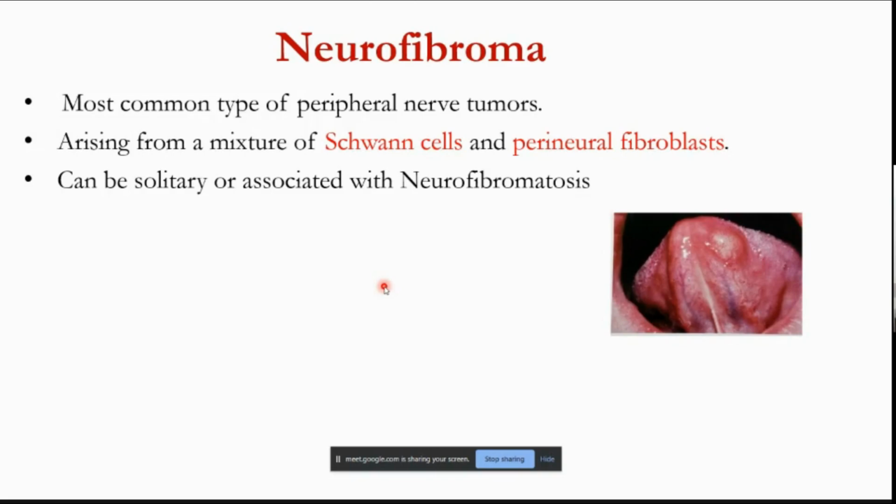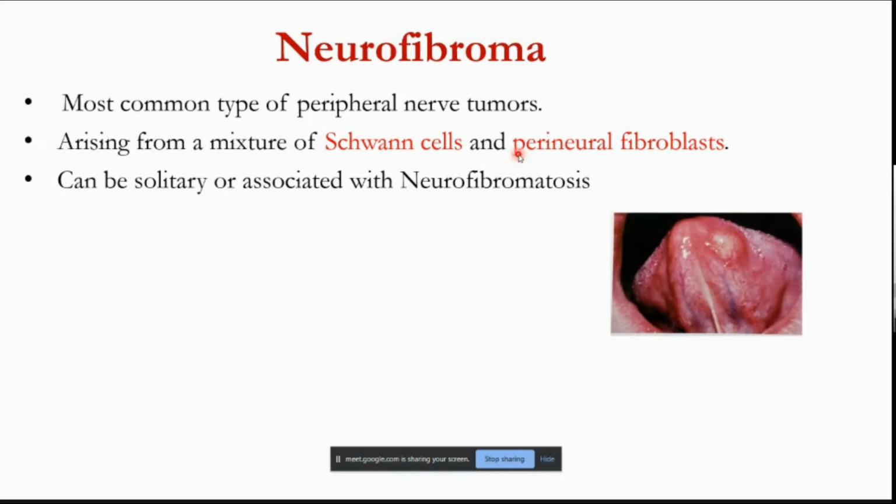So the name itself suggests that it is a neural tumor, and it involves the Schwann cells, and it also affects the perineural fibroblast. That's why the term fibroma. Okay, so it involves both nerves and fibers in this tumor, and it is the most common type of peripheral nerve tumor which you come across.